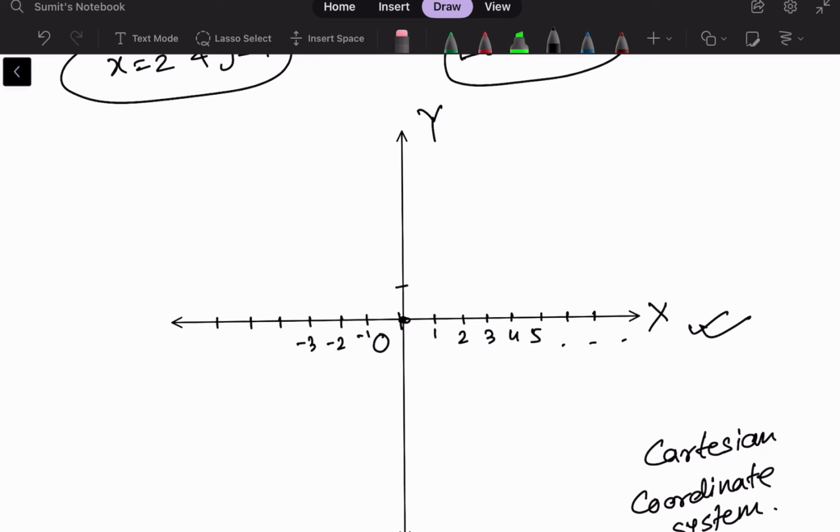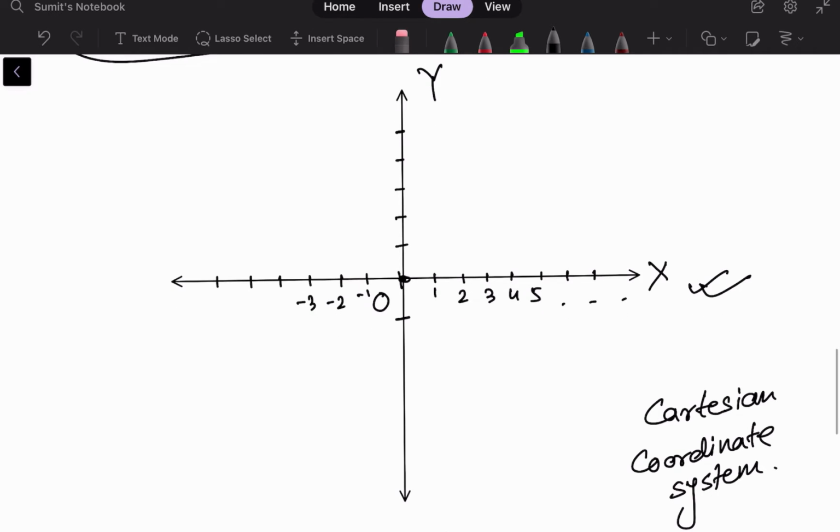Above the origin on the y-axis there will be positive numbers, and below it the negative y-axis. That means it will be y dash and x dash. Got my point? The middle number is 0.